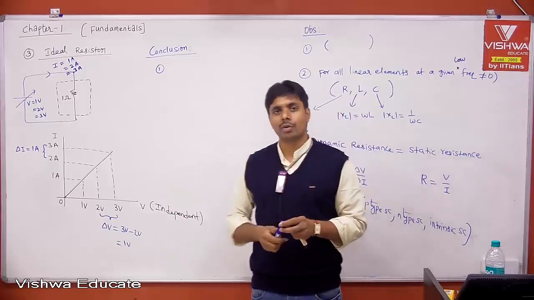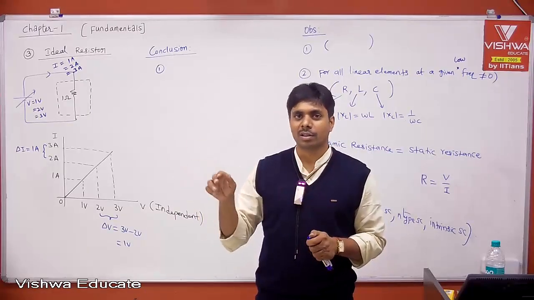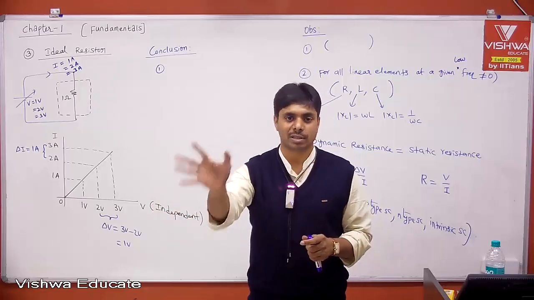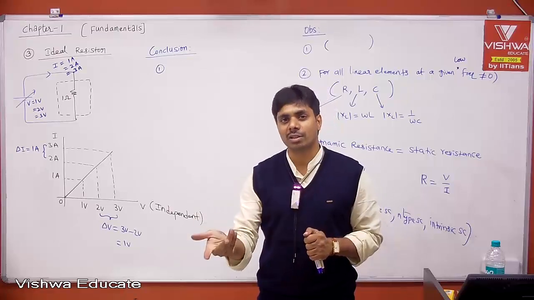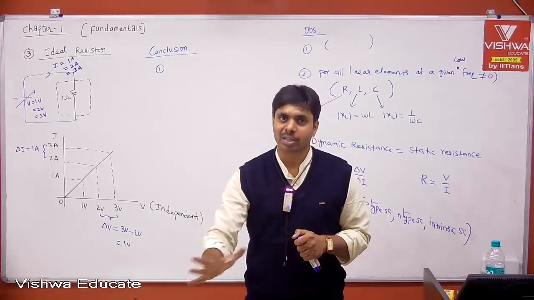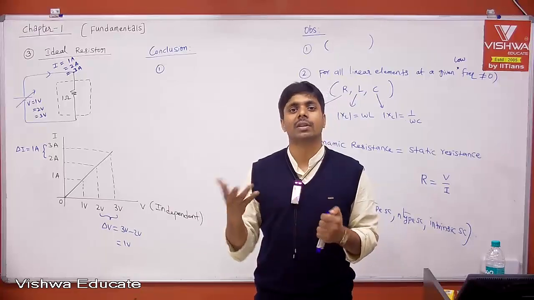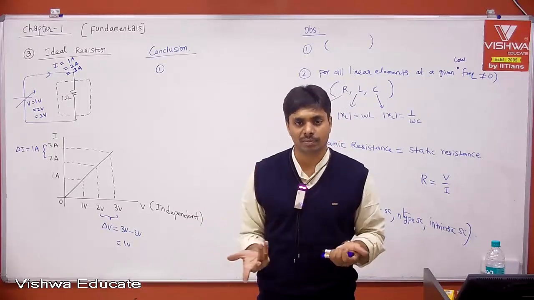Because if you take your ideal voltage source, the static resistance is giving the load value, not its resistance value. Therefore, when I say resistance of voltage source, by default it is dynamic resistance. Similarly, if you take current source, when I speak about resistance of a current source, by default it is dynamic resistance, because that is non-linear. If you take resistor, when I speak about resistance of a resistor, it could be dynamic resistance or static resistance, because both are same. You understand?